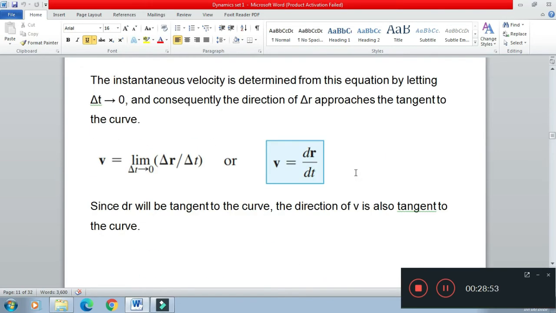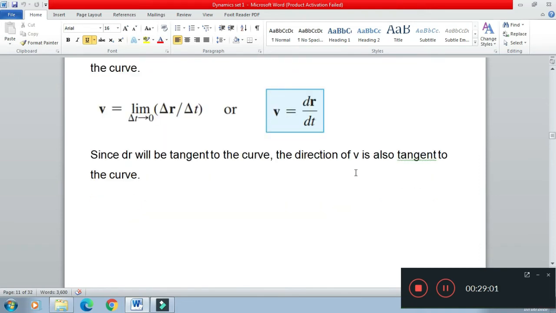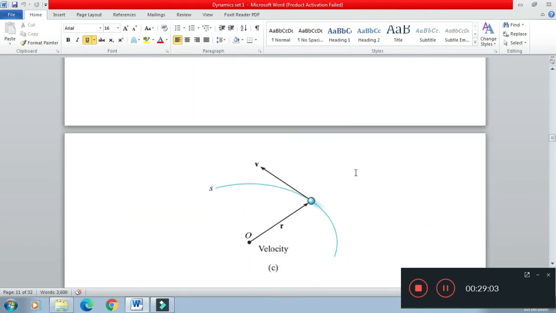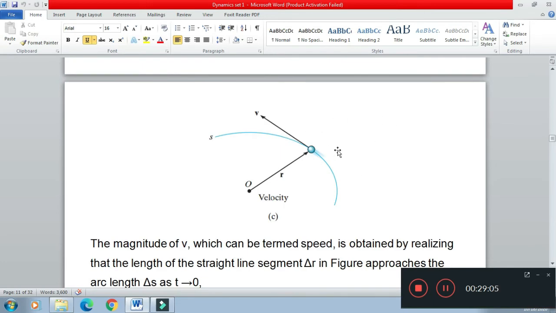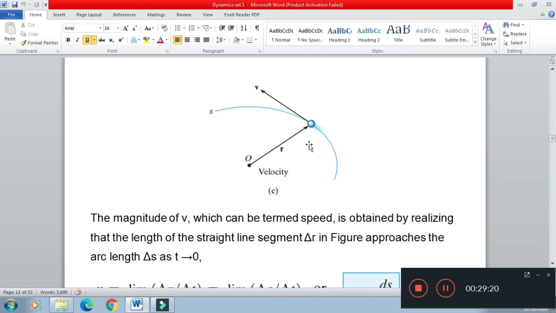So velocity is always tangent to the curve of the path of the particle. So here we can see that this is velocity. Velocity is always tangent to the curve. The reason is that the displacement is tangent. For a small time, displacement is tangent, so velocity is also tangent to the curve.